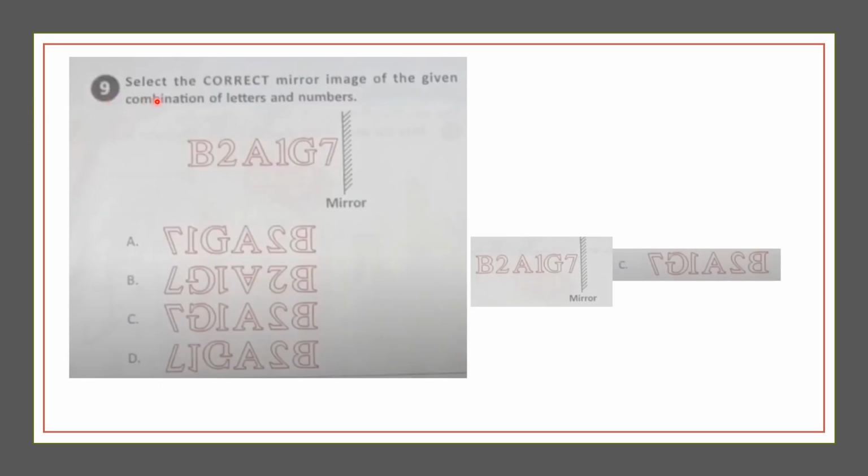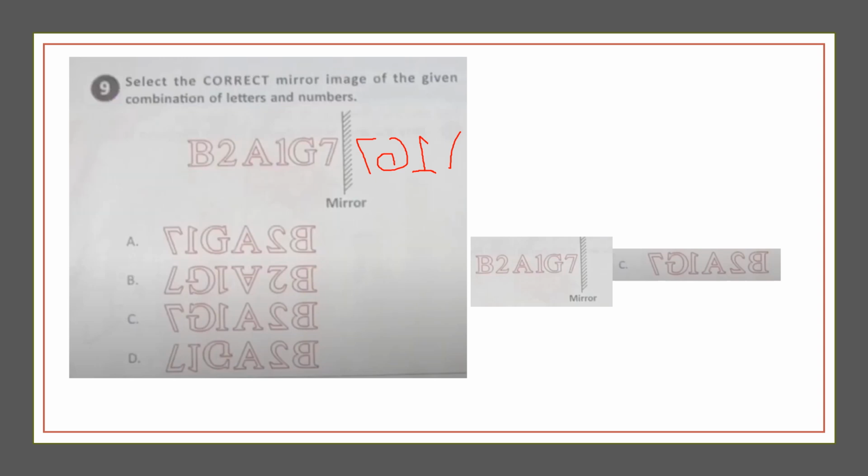Question number 9. Select the correct mirror image of the given combination of letters. So let's try to draw the mirror image of this figure. Let's see here. 7 will be like this and then G will be like this, and 1 will be, instead of bending here, it will be like this.